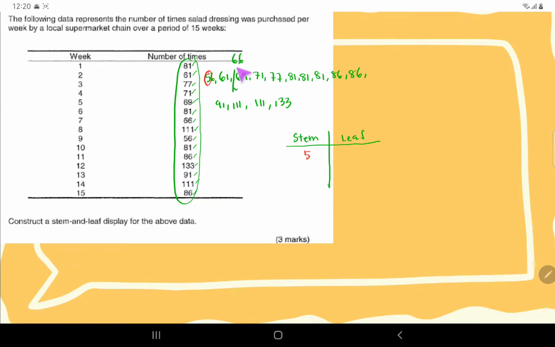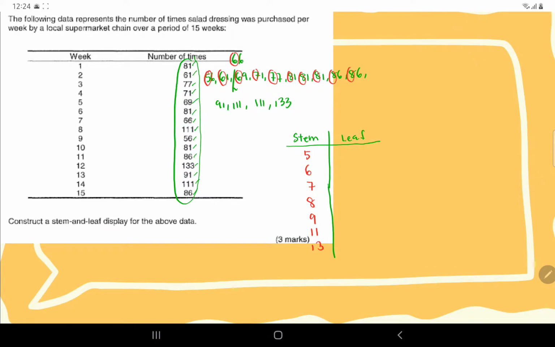So we write 5, 6, 7, 8, 9, and then 11 and 13. So this is the list of our stem.